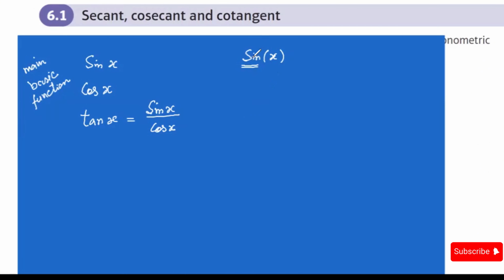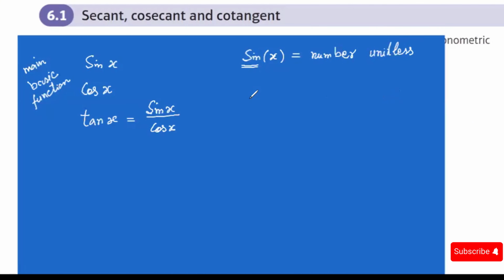When you apply the sin function on an angle, you will get a number. That number must be a unitless number. It is just a number, and it is similar for cos and tan.